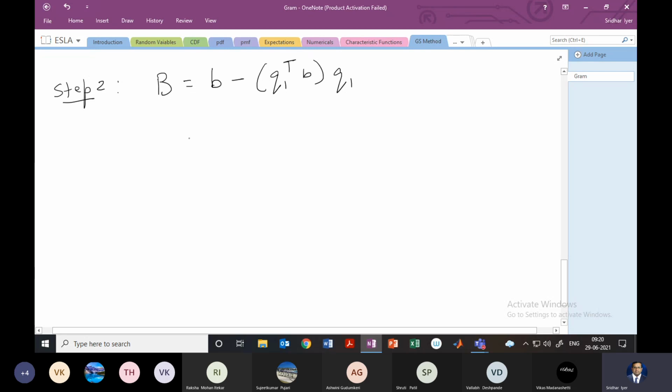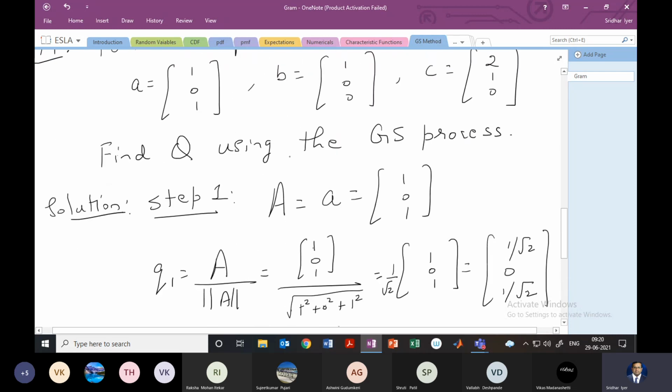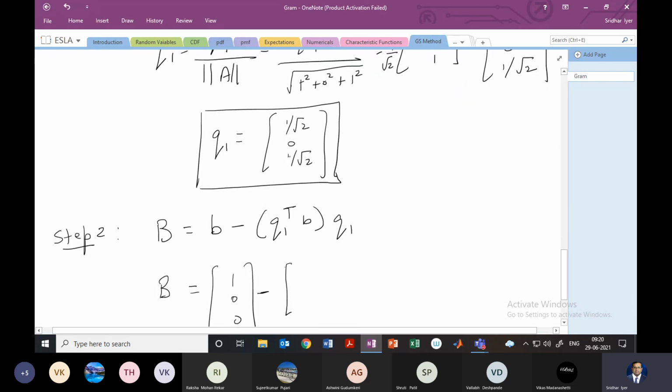B is given to us, so let me write this here. This capital B will be equal to the matrix B that you have with you. I'll write it here, 1, 0, 0 minus. Now we have Q1 transpose. We have calculated Q1. Let me scroll up, so you can see Q1 is 1 by root 2, 0, 1 by root 2.